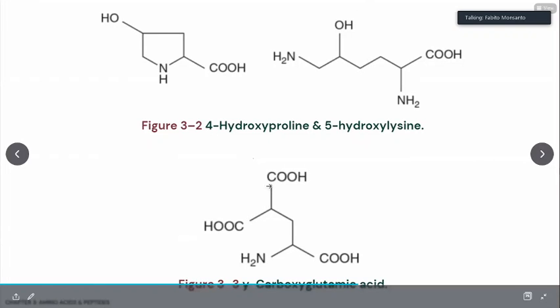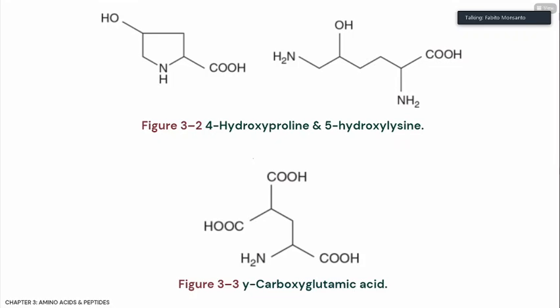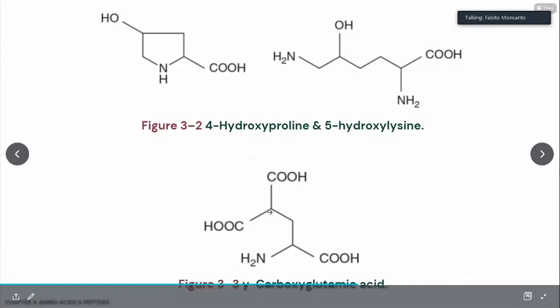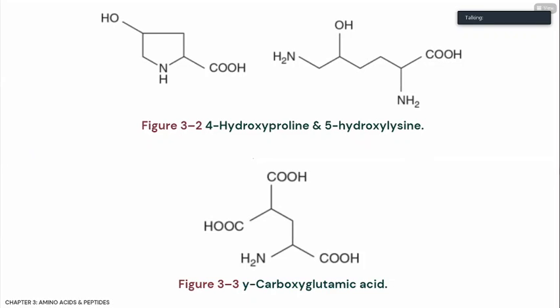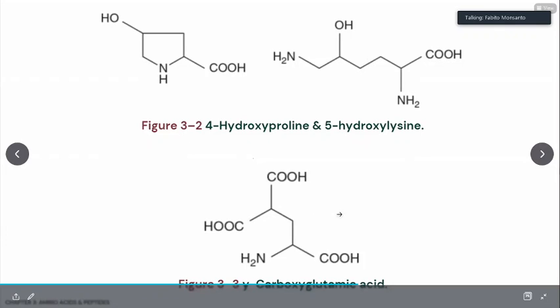Then you have a carboxyl group there, and another carboxyl group that is added. So this is now known as gamma-carboxyglutamic acid. Now this amino acid is very important in blood clotting.